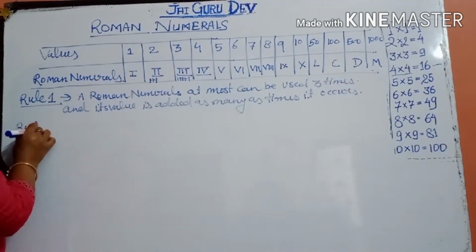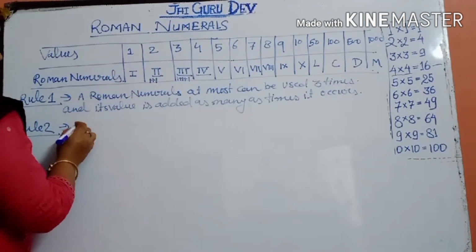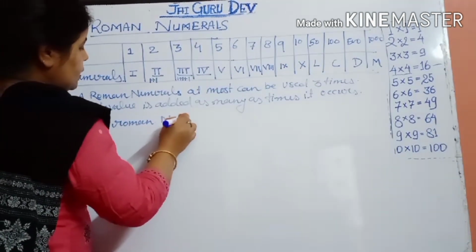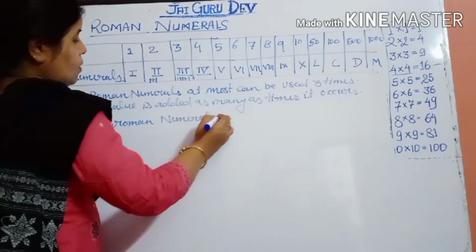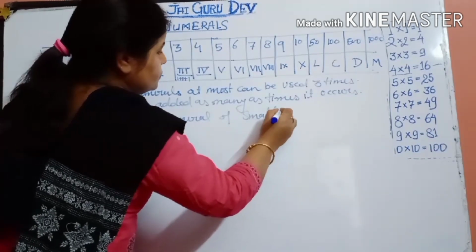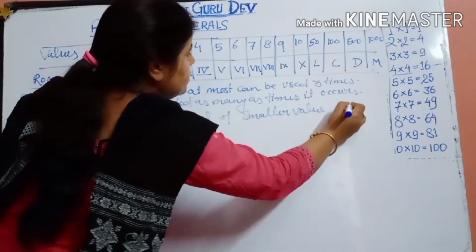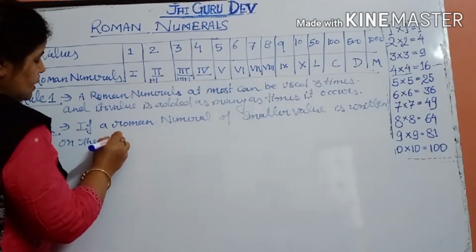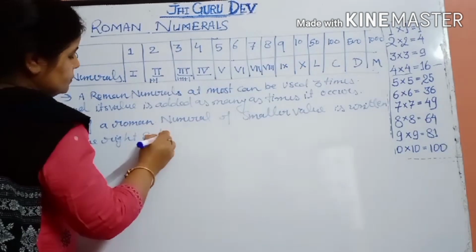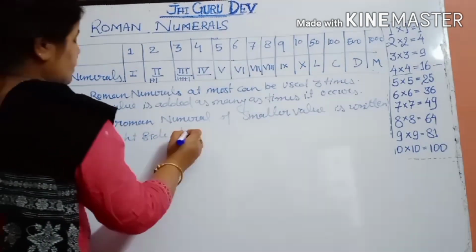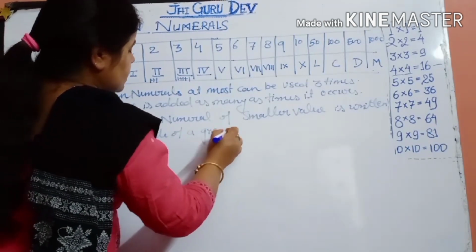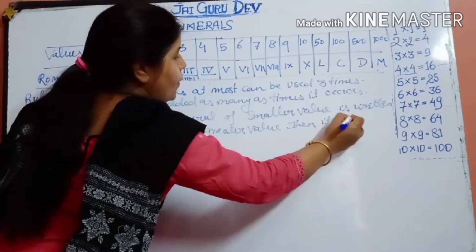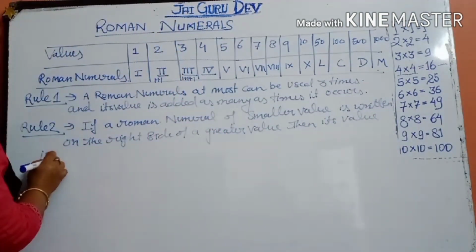Then rule number 2 is, if a Roman numeral of smaller value is written on the right side of a greater value, then its value is added.